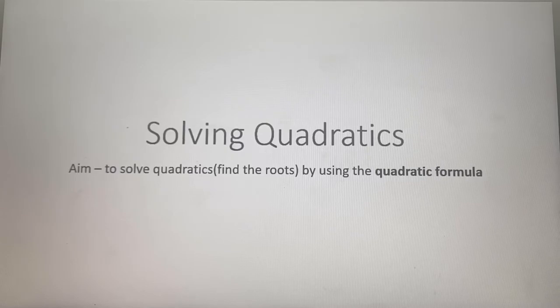The other way to solve a quadratic, if you can't see that an expression can be factorised, or you're not able to do it in some way, then the other way around that is to use what's called the quadratic formula. And that does the same thing, but it does it using a formula, and it's a formula that you're given.